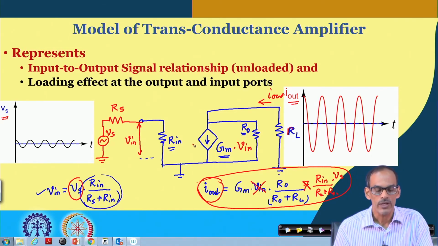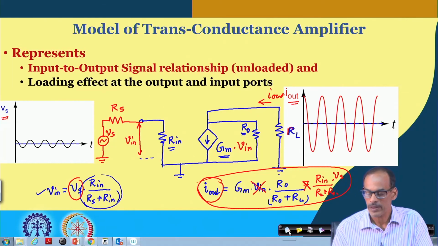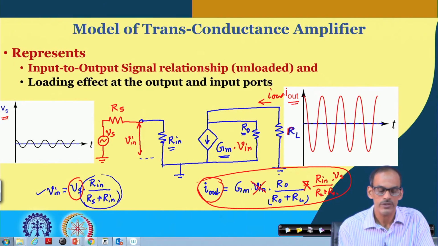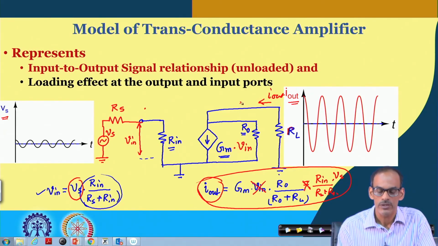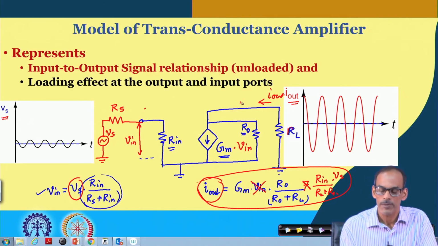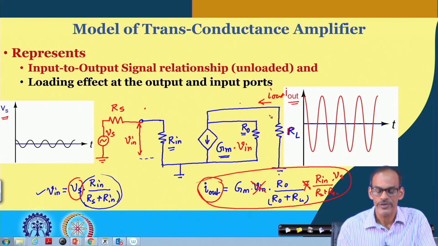Likewise, if the signal at the input port is current, and the output is voltage, then we can again model the circuit differently, of course. Since the output will be voltage, the output port will be Thevenin equivalent.